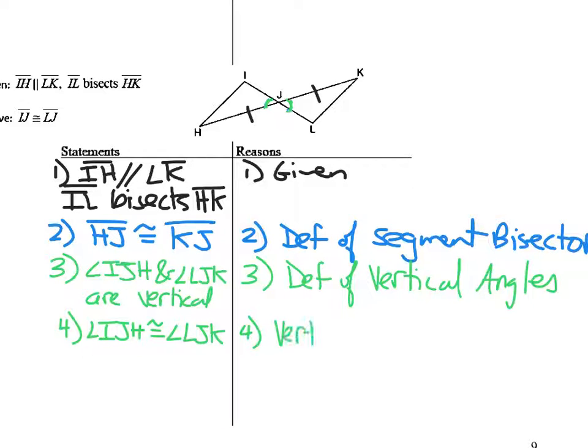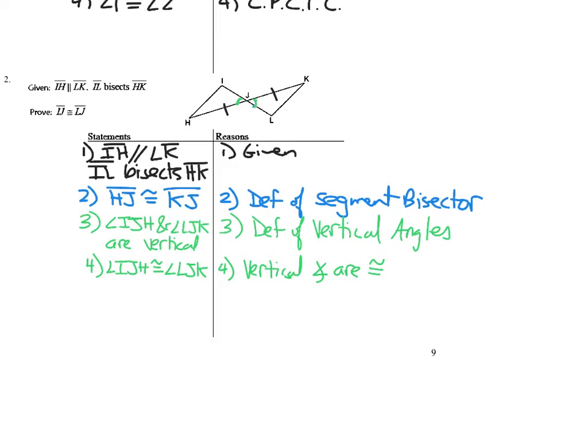Vertical angles are congruent. That's not an angle symbol. Jeez Louise. Are congruent. It's a whole brain processing in a different way from hand movements and so on.